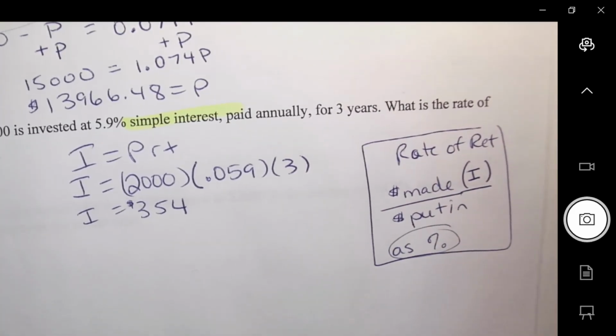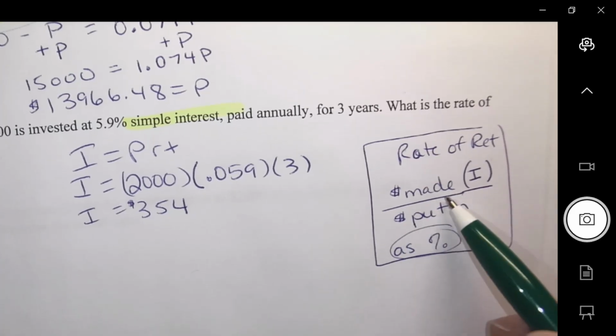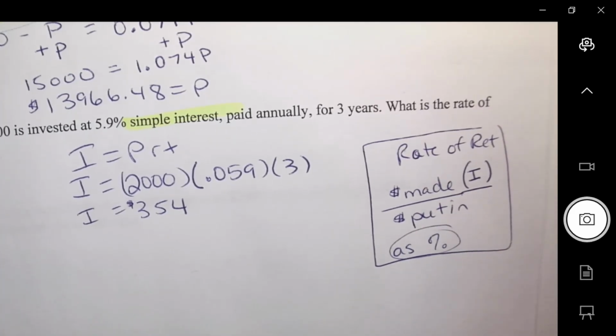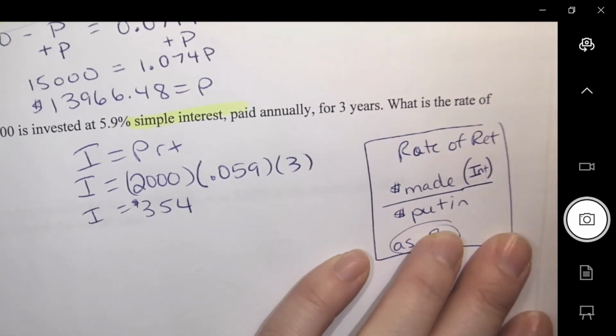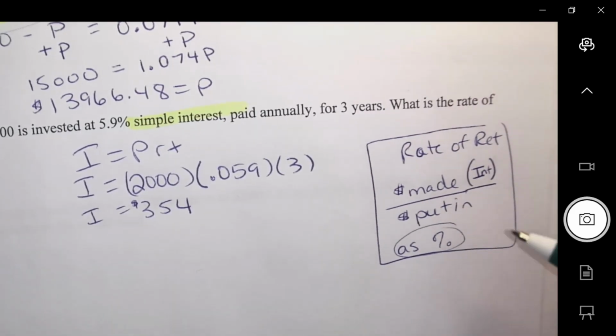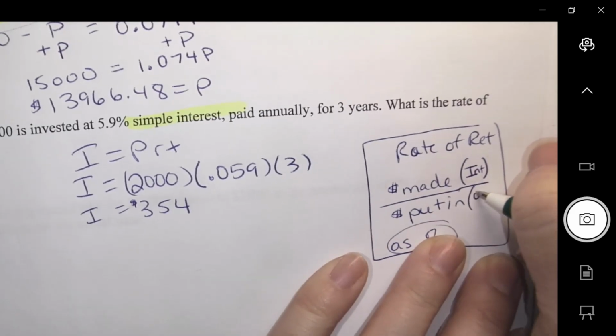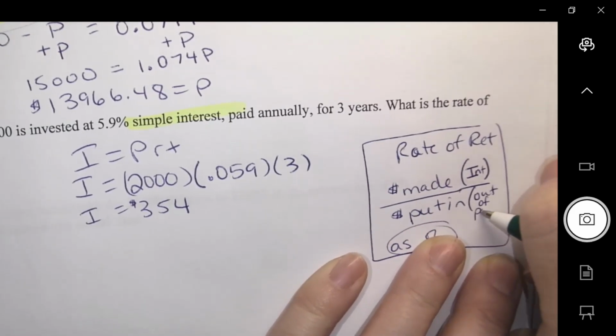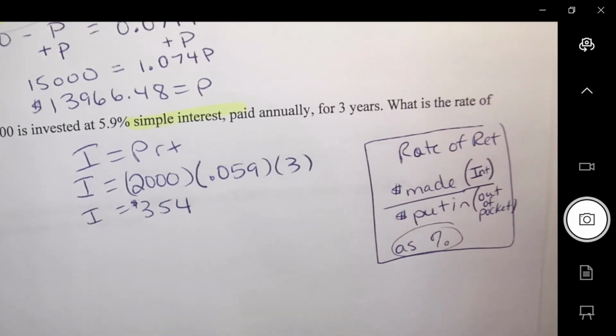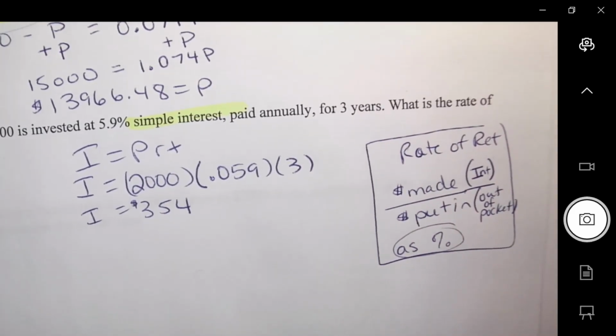The money you made is always your interest. So if you want to have some kind of note for yourself, your interest is the money that you make, and how much money did you have to put in on your own. I keep referring to it as out of pocket, right? Out of pocket money. Whatever you're taking out of your pocket is the money you've been putting in.